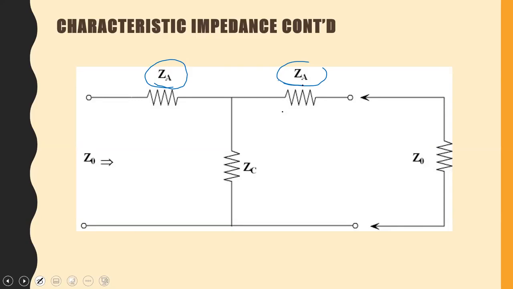So we have ZA and ZA at the top. Because it is a symmetrical network, if we connect Z0, the characteristic impedance, to this port, then when we measure the impedance looking in, it will be equal to Z0.